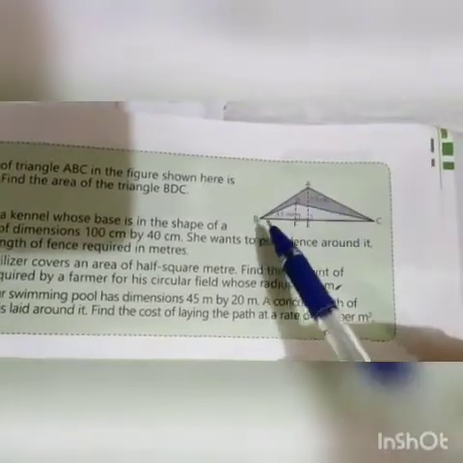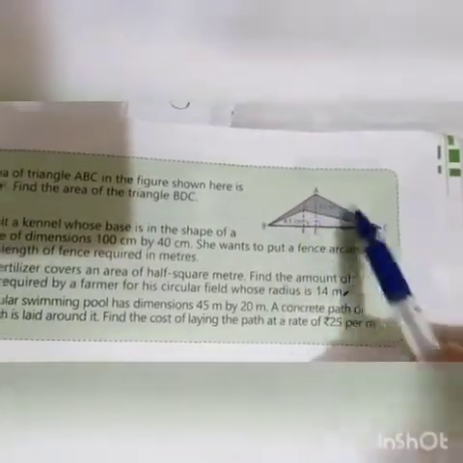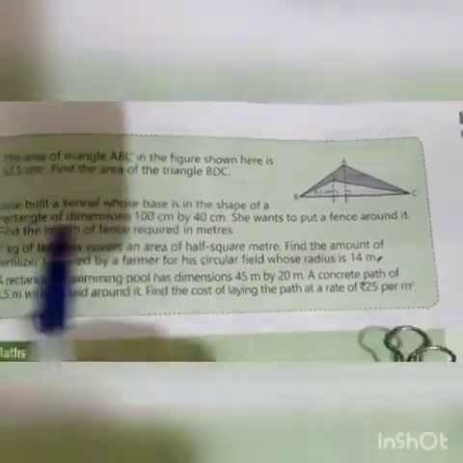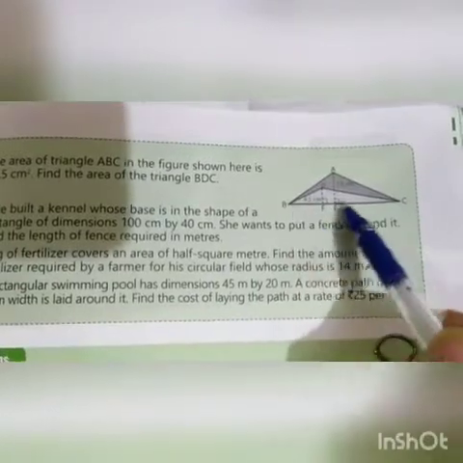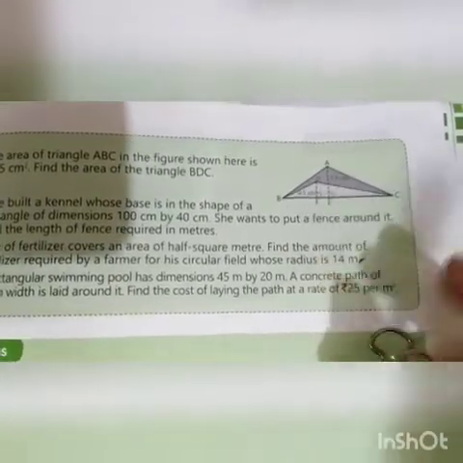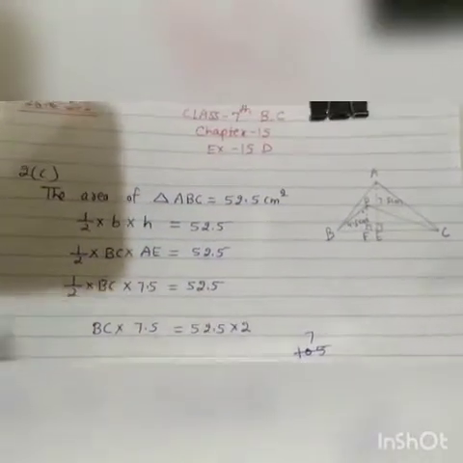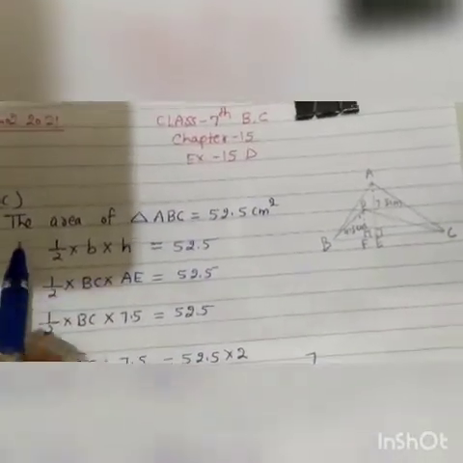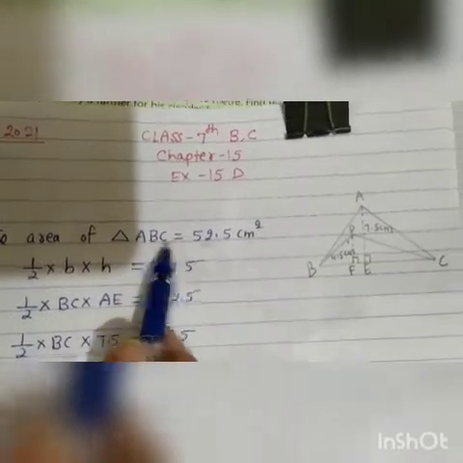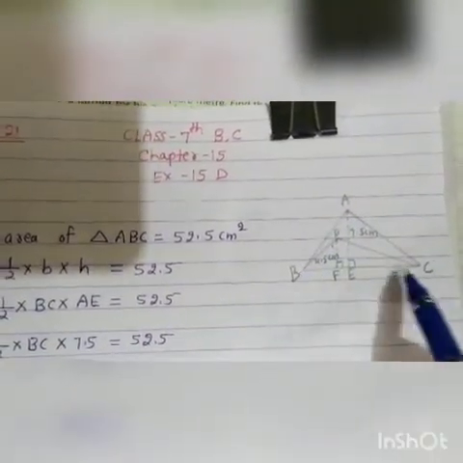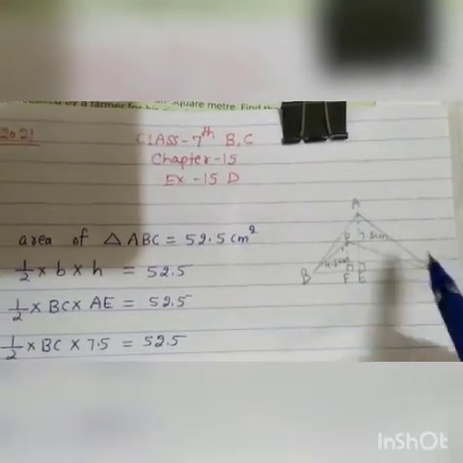We are given that area of this bigger triangle ABC is equal to 52.5 square centimeter, and now we have to find out the area of this smaller triangle BDC. So how can we find? See here, I have drawn the figure. This is the triangle ABC.